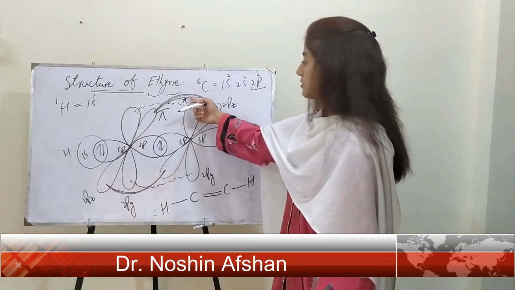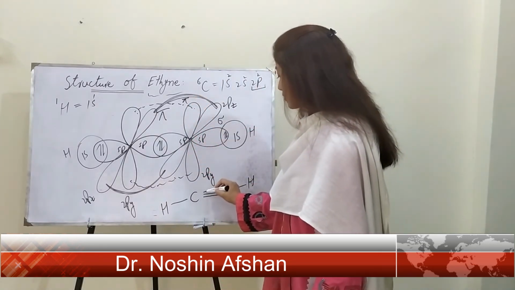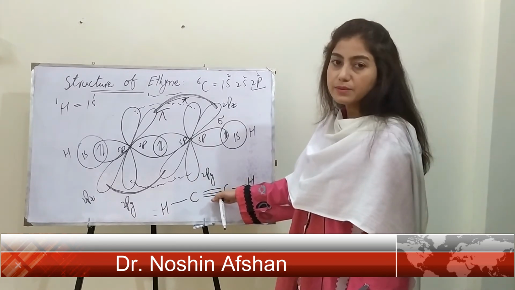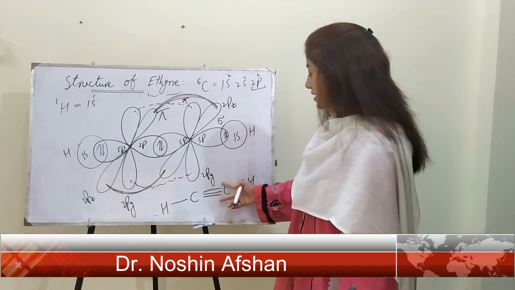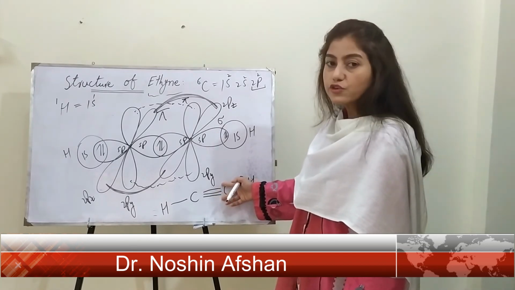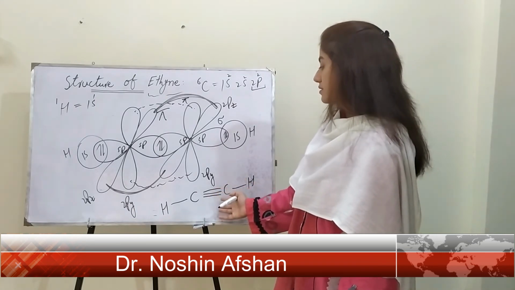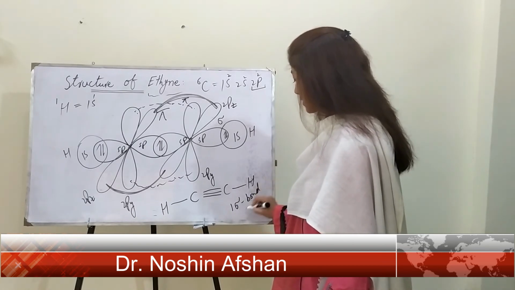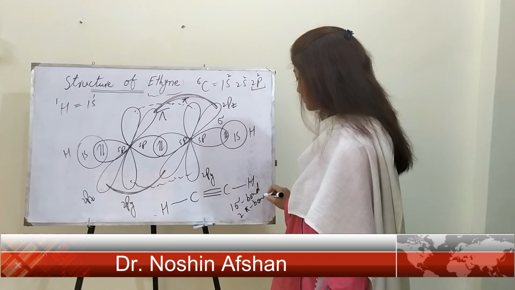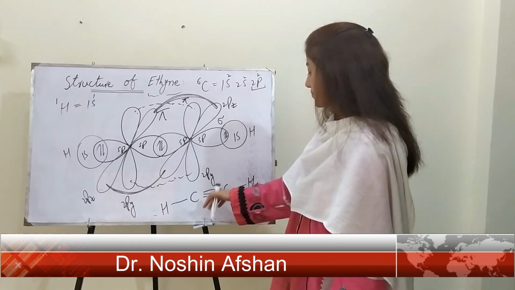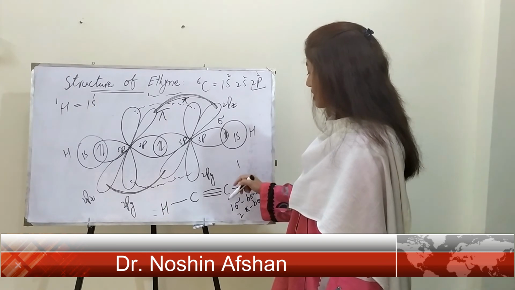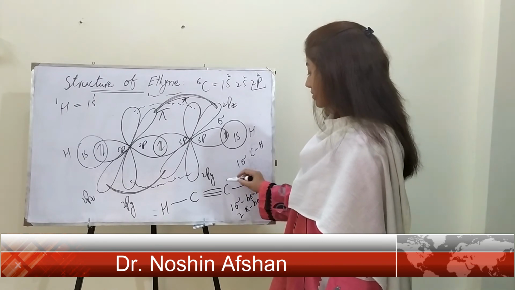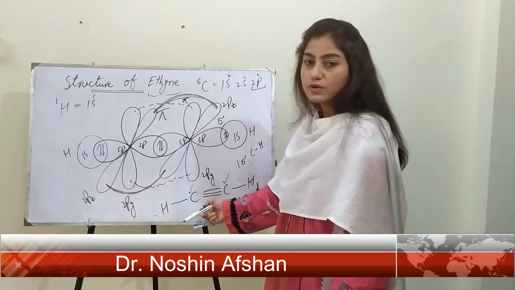Here there would be a second pi bond, drawn as a small line over the sigma bond. In this way it shows a triple bond between carbons, which indicates one sigma bond and two pi bonds between the two carbon atoms, and there is one sigma bond between carbon and hydrogen for this carbon atom and for this one also.